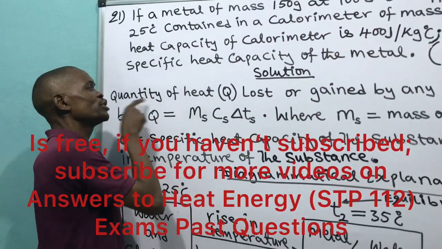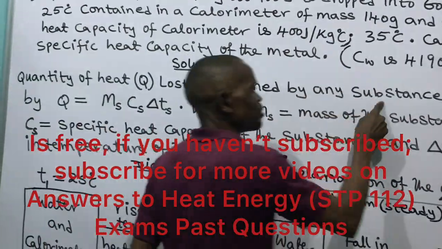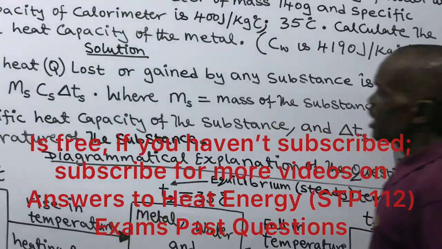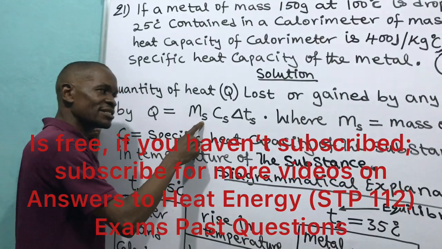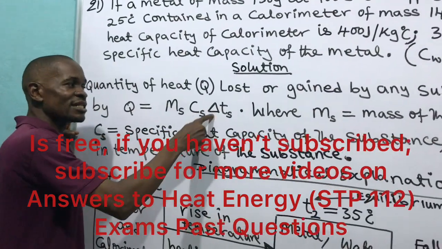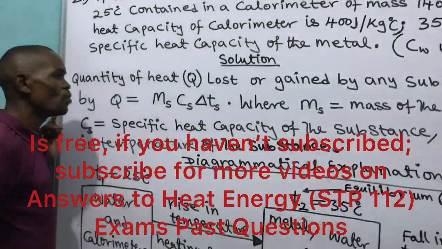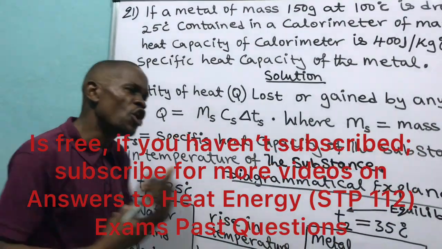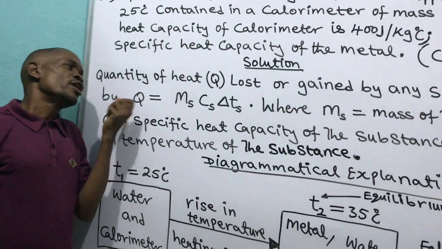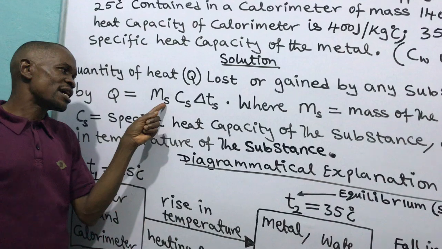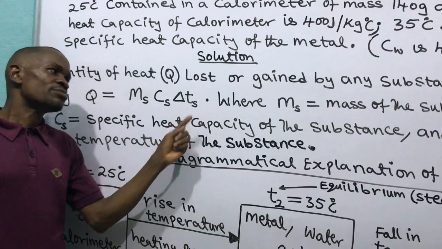Q represents the quantity of heat lost or gained by any substance, and is given by Q equals the mass of the substance times the specific heat capacity of the substance times the change in temperature of the substance.